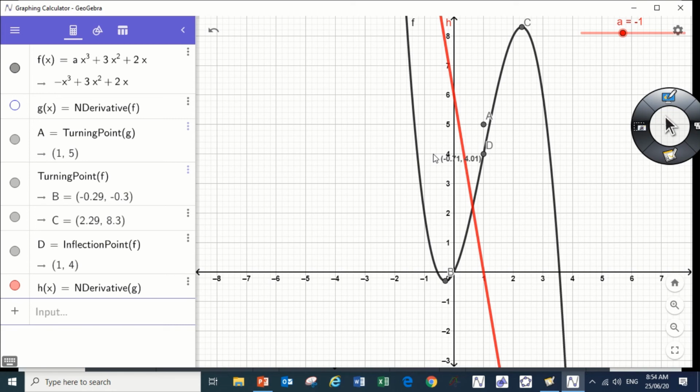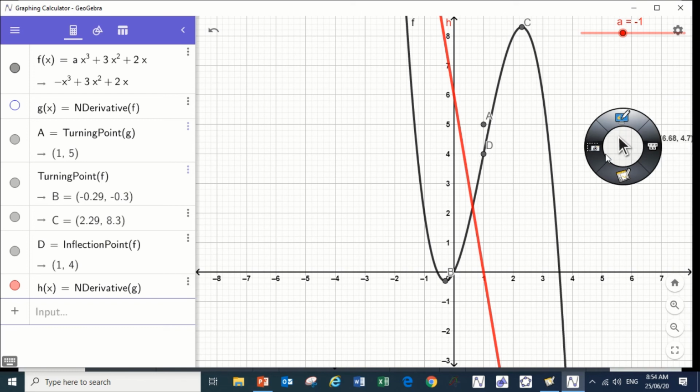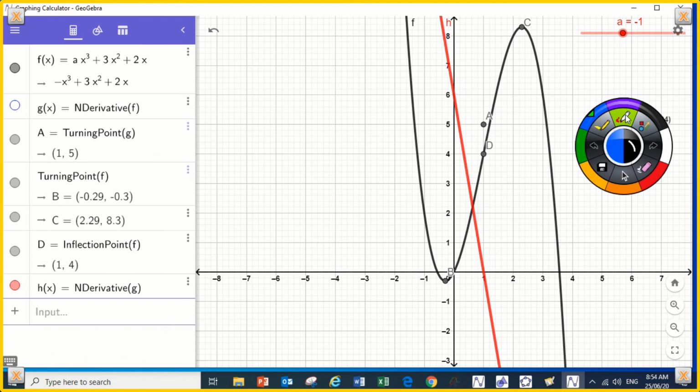They are negative. Now, do you see that our cubic graph is concave down? So when the y values of the second derivative are negative, the cubic graph is concave down. That's why I can write f double prime of x is less than 0.